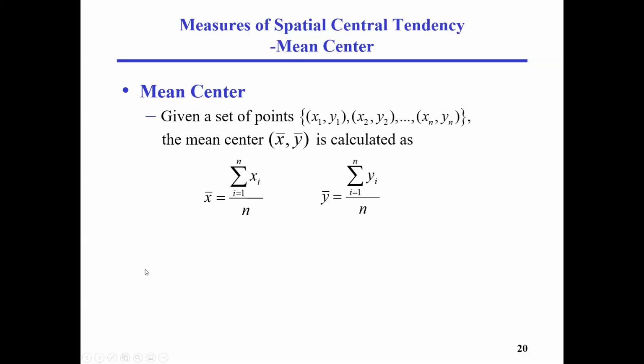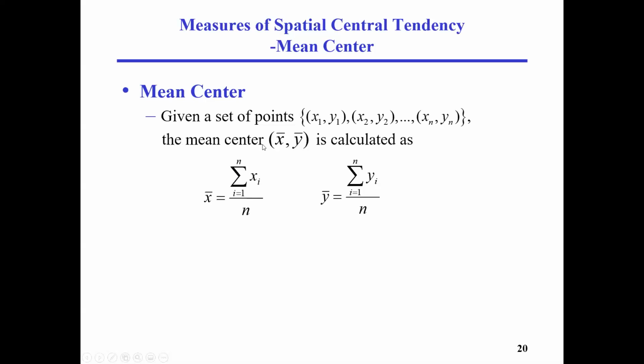So mean center, given a set of points. Okay, be careful here. A set of points, and each point is addressed by x and y, which means each point can be found within space. And you can use this pair of coordinates to find it. So spatial context here has been added.